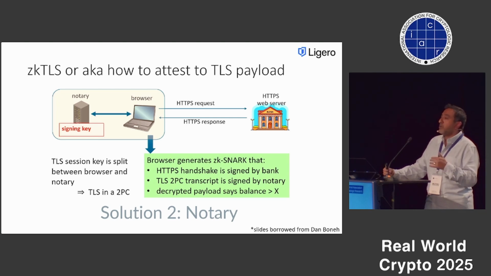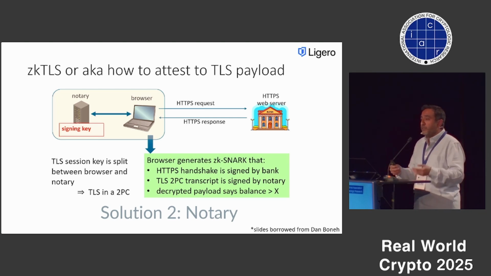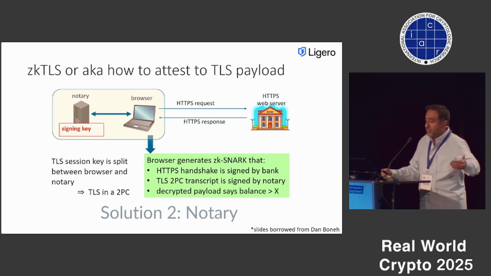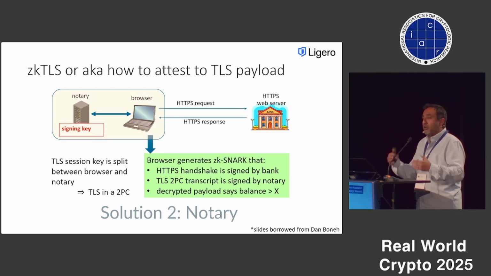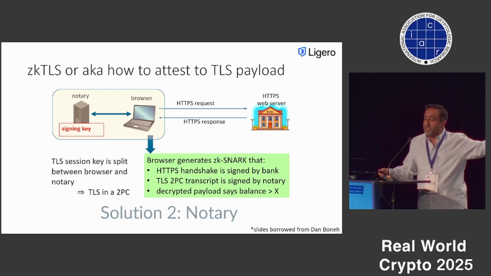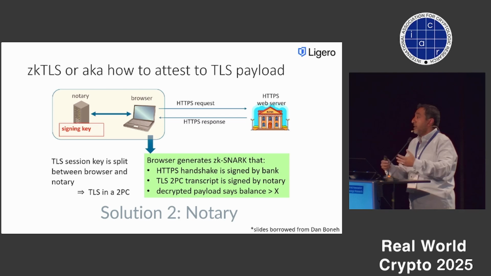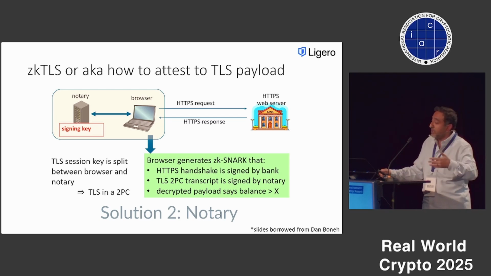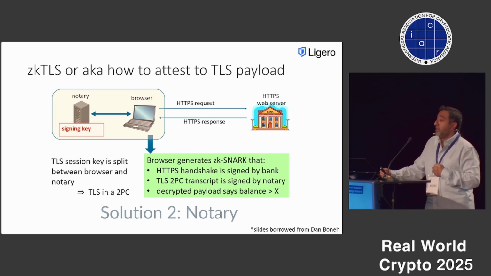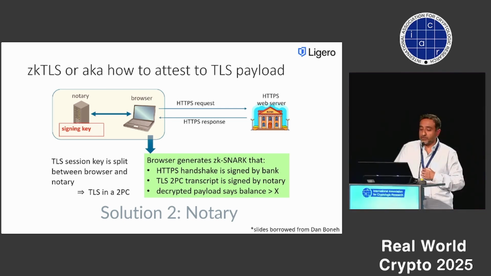And now the browser can generate a ZK proof of, again, first that the handshake was signed by the bank, and then all the transcript. In addition to being a 2PC, the notary also signs the payload, and you can prove that this decrypted payload, in fact, has whatever you want to talk about, the data you received from the server.